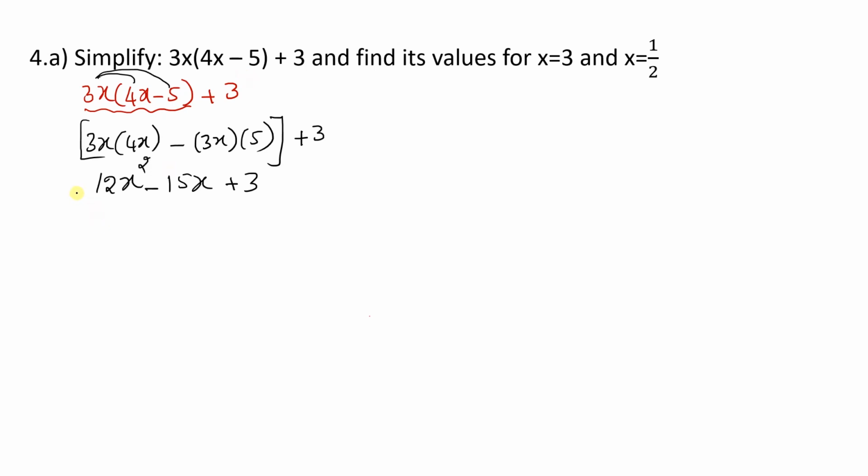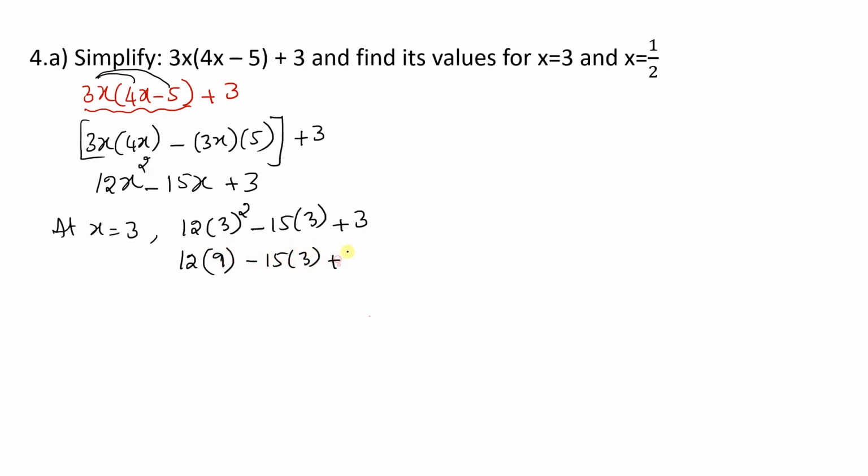Okay. Now we have to find the values of these expressions at x equals 3 and half. At x equals 3, 12 into 3 square minus 15 into 3 plus 3. 12 into 3 square is 9, minus 15 into 3 plus 3.